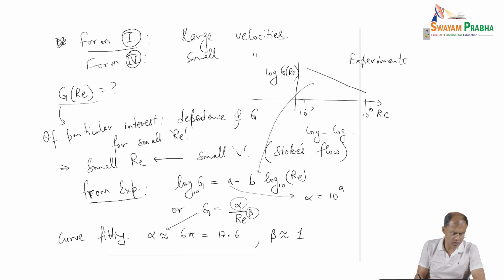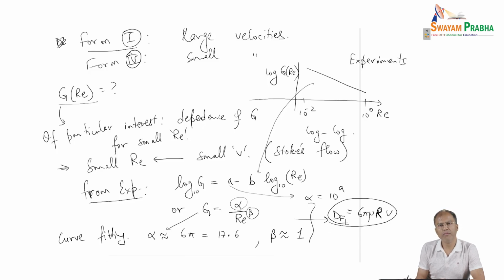So the conclusion from all these observations is that for small values of the Reynolds number Re, the drag force comes out to be 6 pi mu r v. This is a very famous formula for the drag of a falling spherical object when the velocity of the falling object is very low.